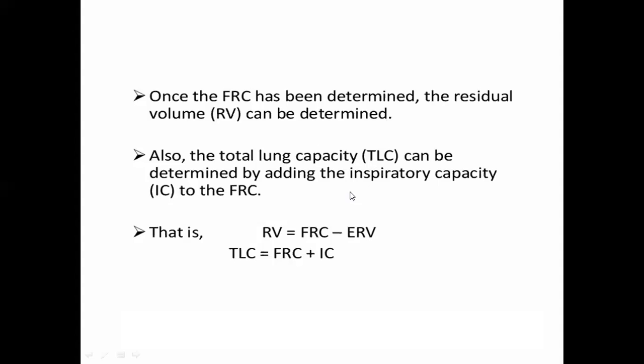By using helium and nitrogen mixing with the actual inspiration process, we can find out the FRC. Once we determine the FRC, we can find out the residual volume, RV, and the total lung capacity: FRC plus IC, inspiratory capacity.